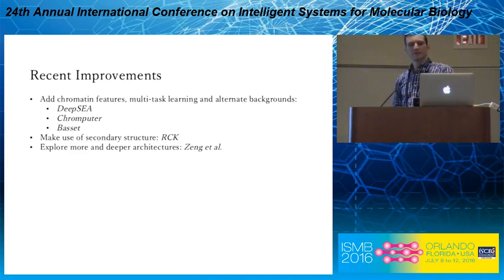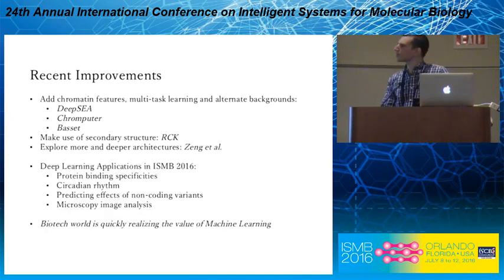On the other hand, if you look at ISMB this year, you can see that deep learning applications are now prevalent in many different domains and are very quickly becoming a central pillar of biotechnology.